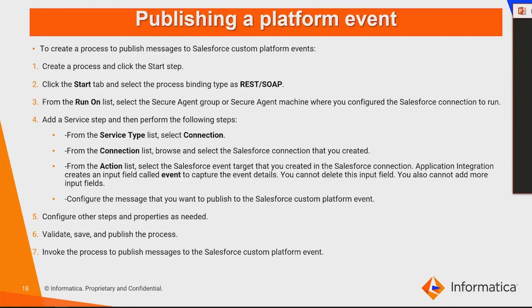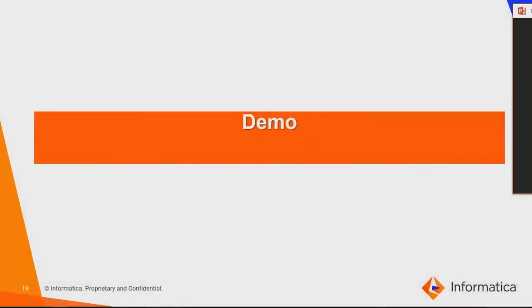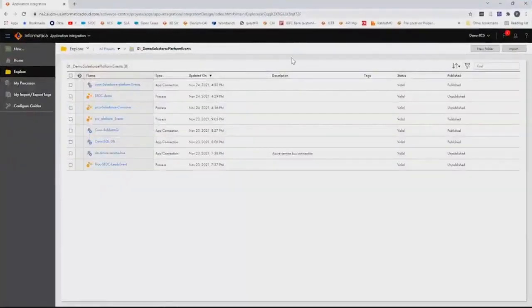However, if you use a create step, you can use it in either a cloud process or an event process. Once that is done, you can save, validate, save and publish the process and then invoke the process to publish a message to the Salesforce custom platform event. Let us quickly look at the demo on how one would publish an event to the Salesforce platform.